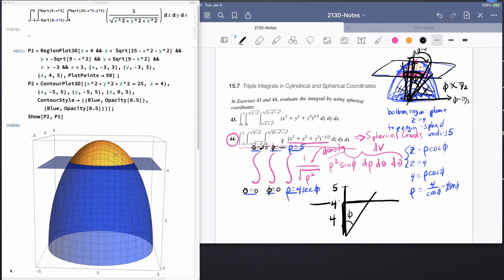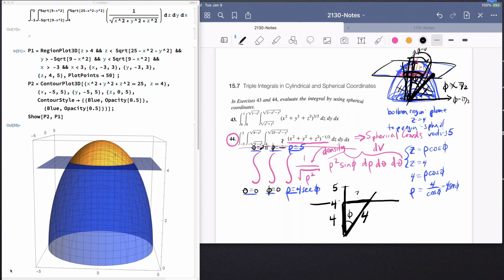We don't know this side of the triangle. I don't know what that radius is. But I do know that this side of the triangle will be equal to 5, because that is a point on the sphere of radius 5.